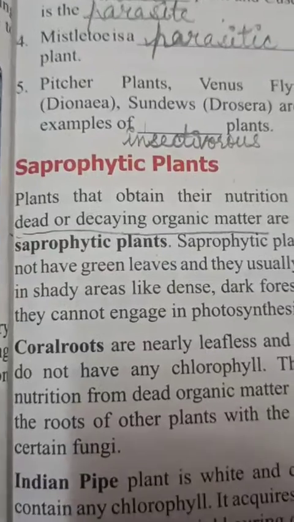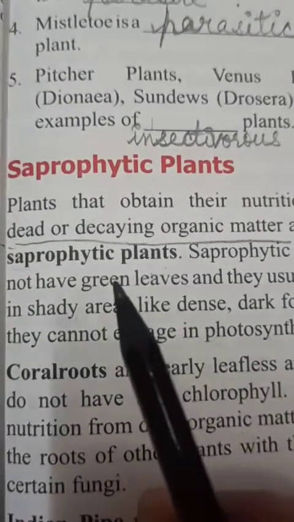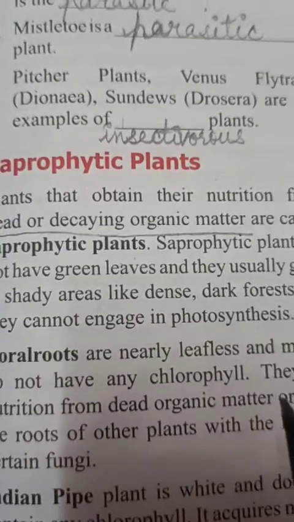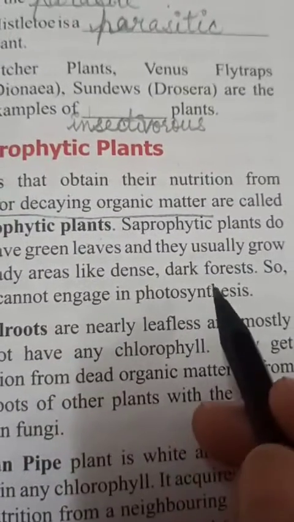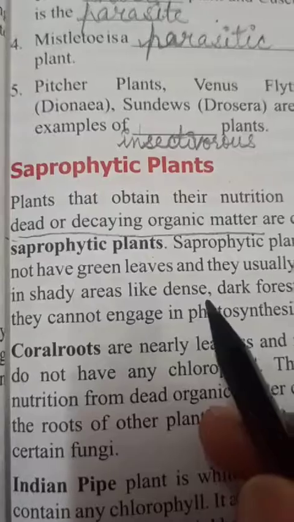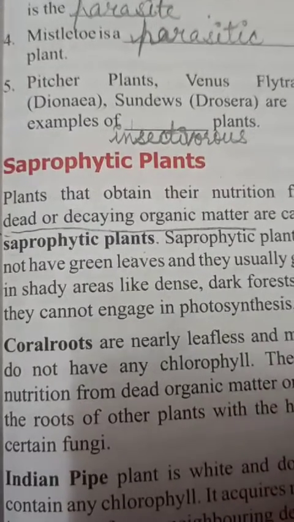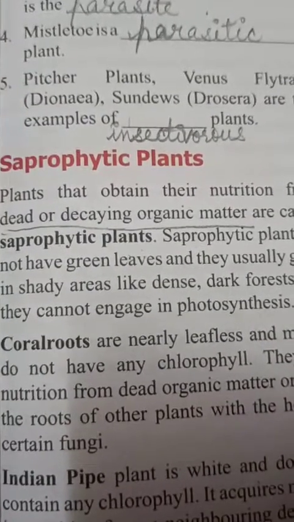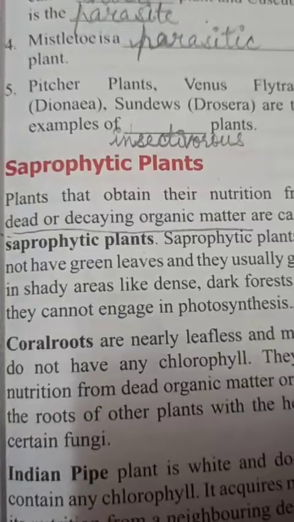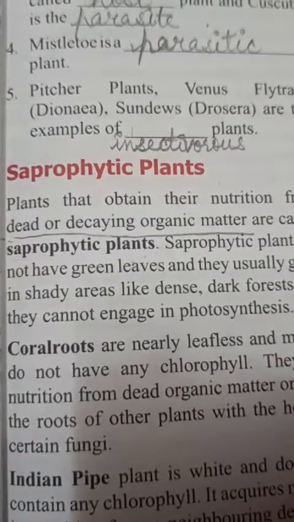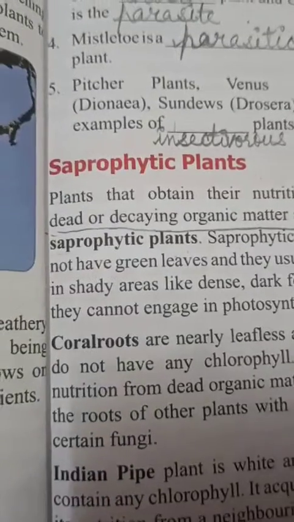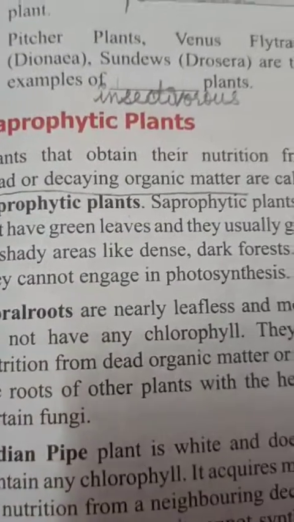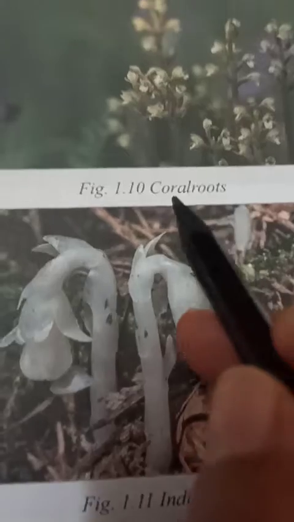Okay, the best example of a saprophytic plant is the mushroom. You all have seen mushrooms. Mushrooms always grow on dead or decaying matter. They never grow on a living plant. But in your book two examples are given.